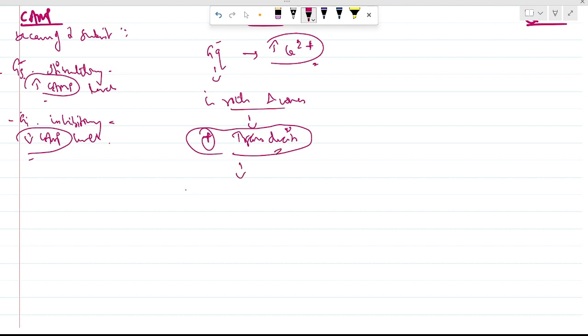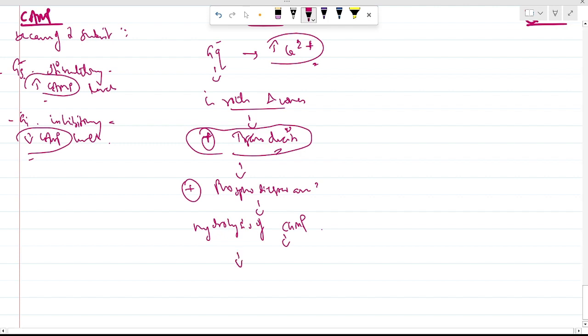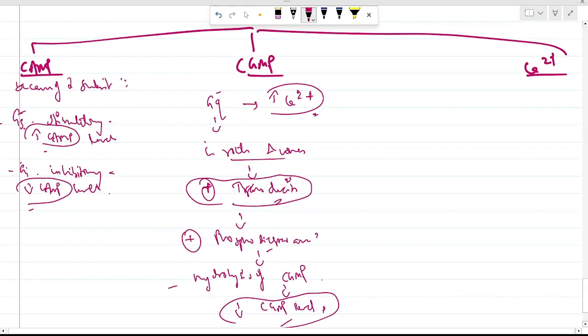This activation of transducin leads to activation of phosphodiesterase. The phosphodiesterase enzyme is activated, which leads to hydrolysis of cGMP, leading to a decrease in cGMP levels. Hydrolysis of cGMP by the phosphodiesterase enzyme decreases the levels of cGMP. So this is transducin in rods and cones in the eyes.